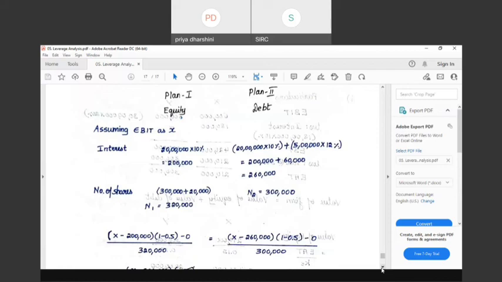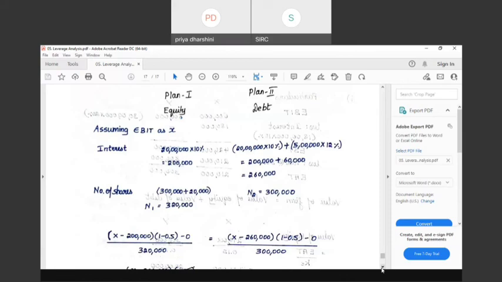It has two mutually exclusive alternative financial plans. The current EBIT is 17 lakhs, which is likely to remain unchanged. The relevant information they have given: present capital structure is 3 lakh equity shares of 10 each and 10% bonds of 20 lakhs. Tax rate is 50%. EBIT is 17 lakhs. EPS is 2.5. Market price is 25 per share.